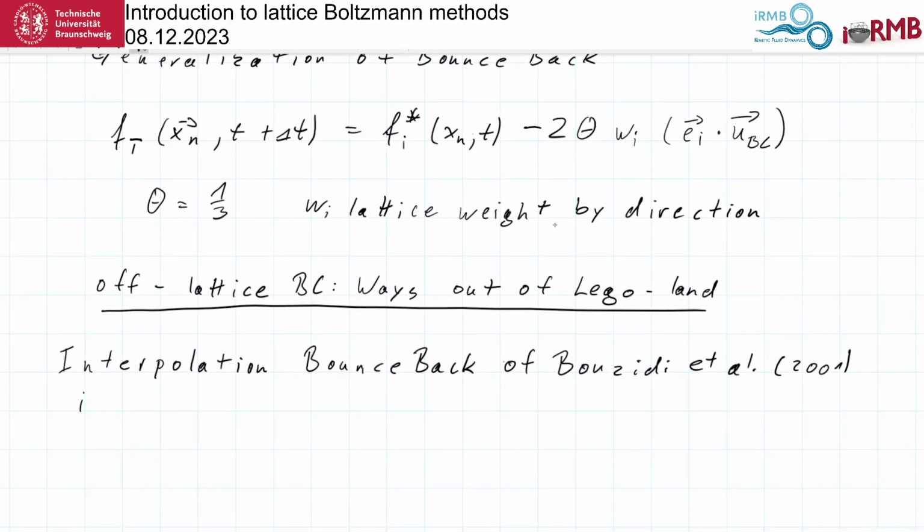His idea was to introduce a subgrid distance as a measure of where the boundary actually is. He calls the subgrid distance q.